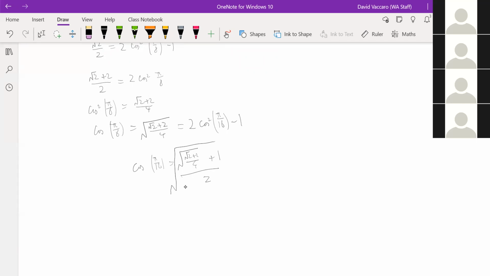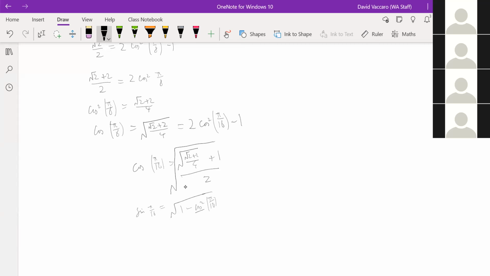And then obviously you can get sine pi over 16 as being the square root of 1 minus cos squared pi over 16. And this cos squared just takes out one of the square roots from that nesting, and then you put it inside a new square root. So you can get nice expressions for sine pi over 16. By nice, I mean complicated nested square roots, which are difficult to write down.